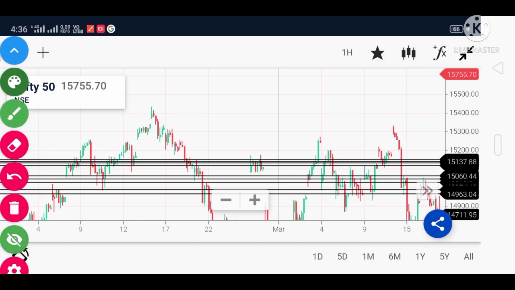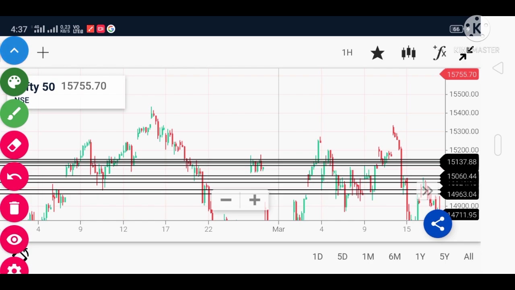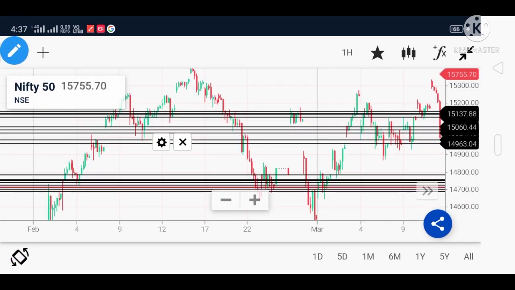Okay guys, in February and March we had some candles above 15,200, so let's mark them. So we have to find the wicks. Here you can see there is a wick. Let's mark it.